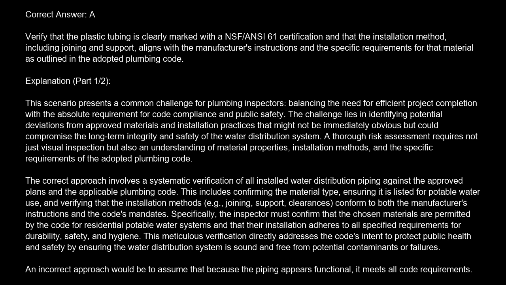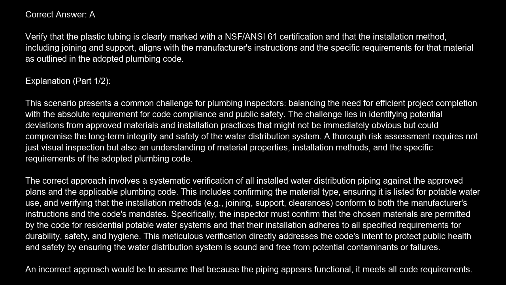The correct approach involves a systematic verification of all installed water distribution piping against the approved plans and the applicable plumbing code. This includes confirming the material type, ensuring it is listed for potable water use, and verifying that the installation methods, e.g., joining, support, clearances, conform to both the manufacturer's instructions and the code's mandates.